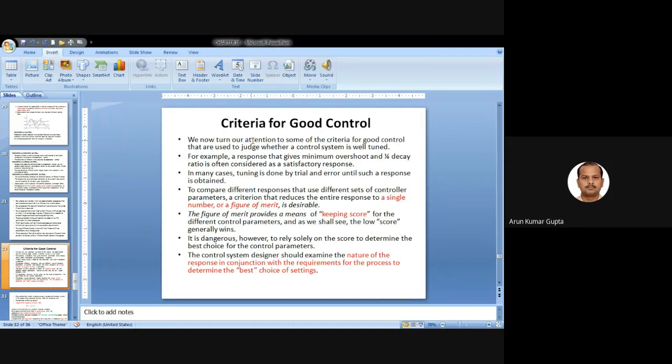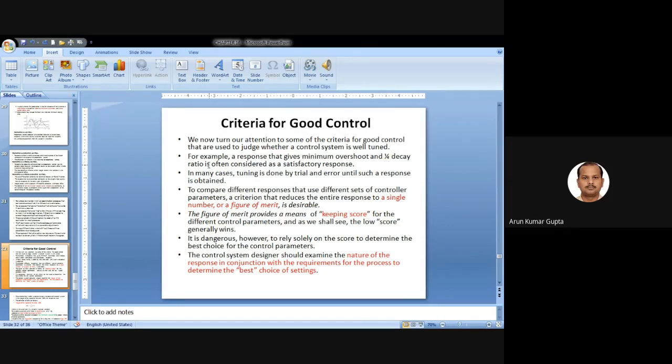So we have some criteria for good control, meaning how we select a good controller parameter. We now turn our attention to some of the criteria for good control that are used to judge whether a control system is well tuned. So what are these criteria? For example, a response that gives minimum overshoot, which we have already discussed.